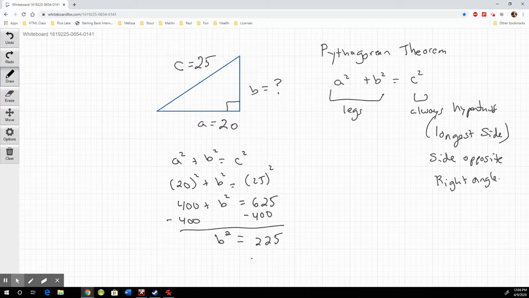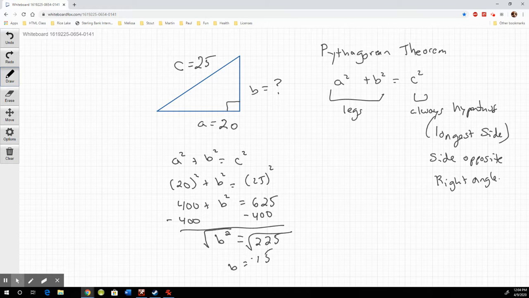Now I have to keep going because I don't have plain b yet, so I will take the square root of each side, and then I'm left with b on this side and 15 over here.